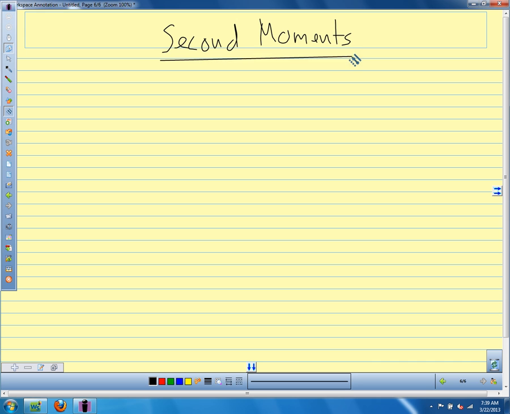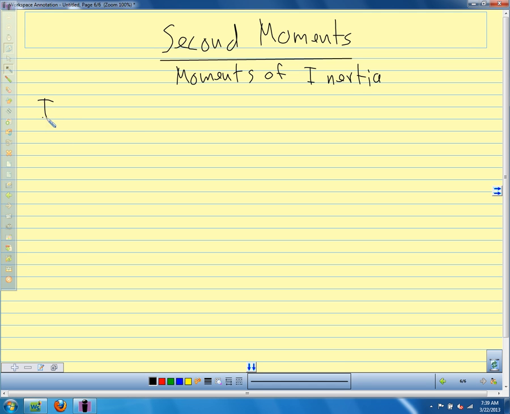Our second moments, we also call them moments of inertia. So I sub x is our moment of inertia about the x-axis. We need our distance from the x-axis when we have a point in space. So this is our second moment, or moment of inertia, about the x-axis.